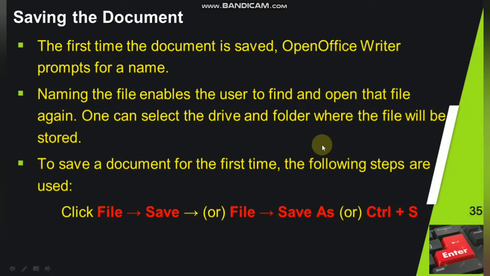For example, this extension will be .doc, or it will have the extension ODT, open document text file. So we should give the file name as well as the extension in the save as dialog box.